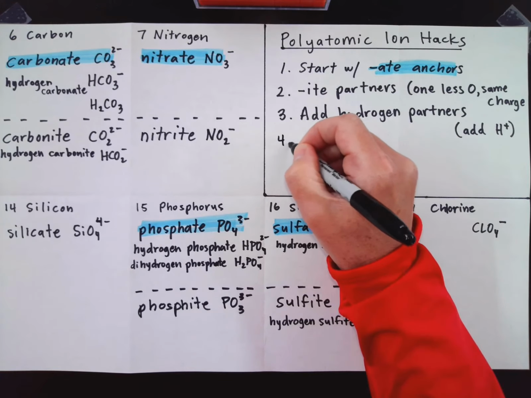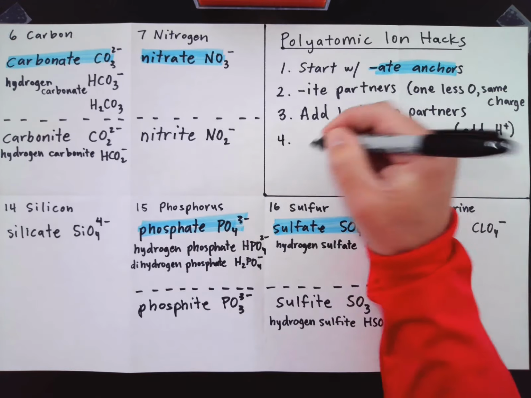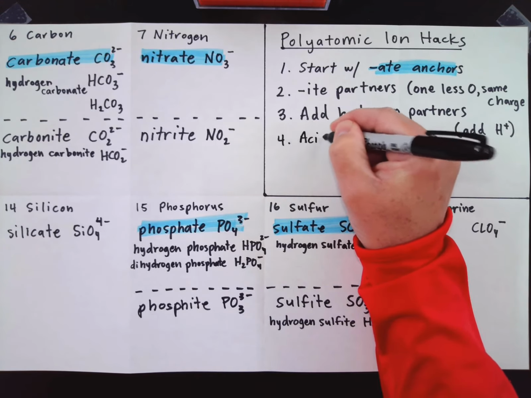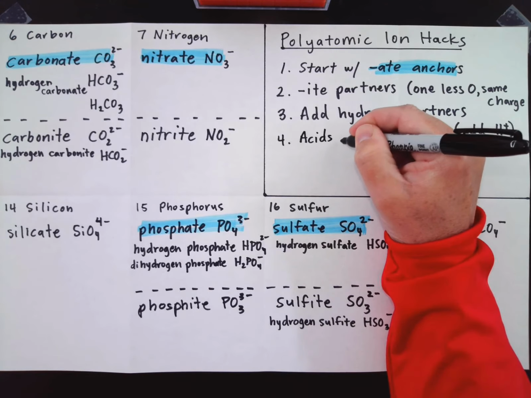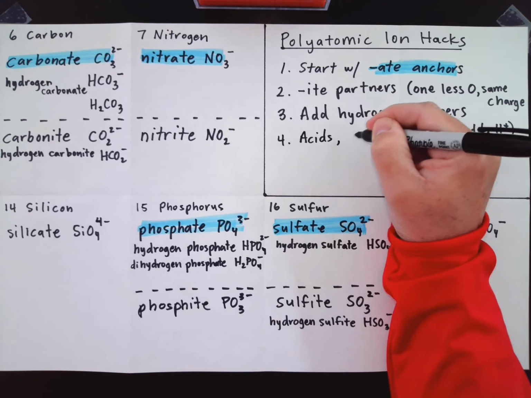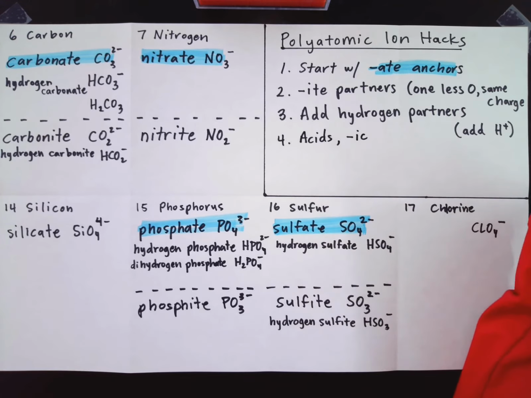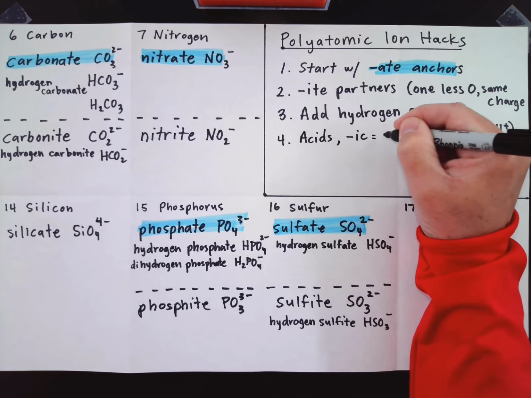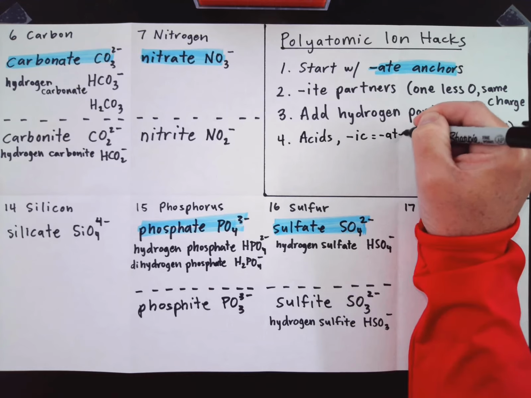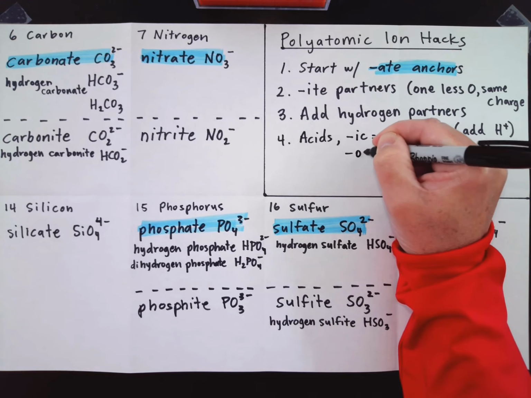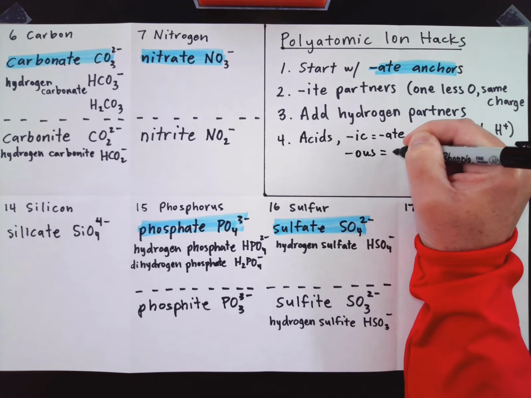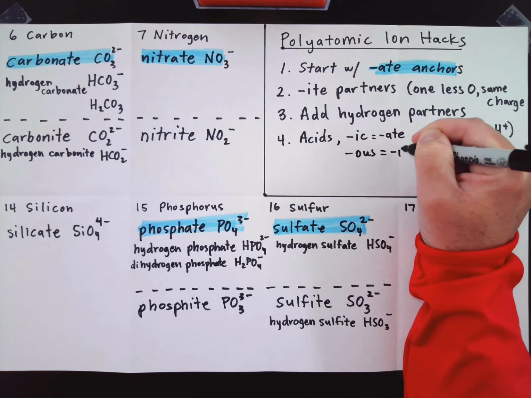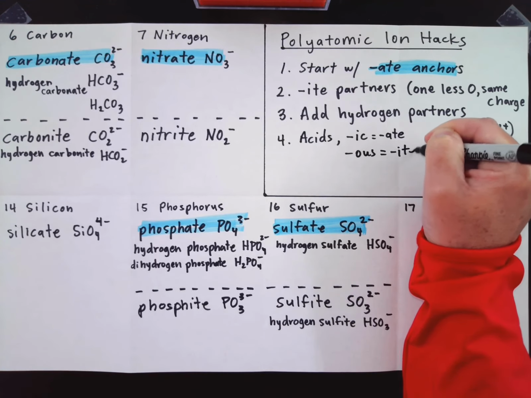So next I'm going to say acids with ic endings for ate and ous endings for polyatomic ions ending in ite.